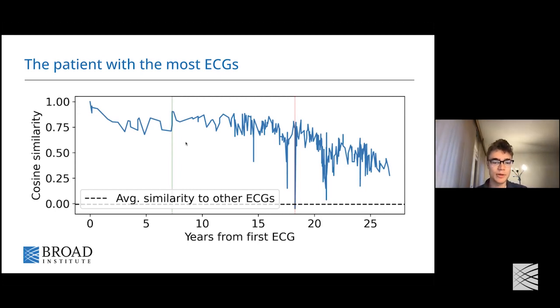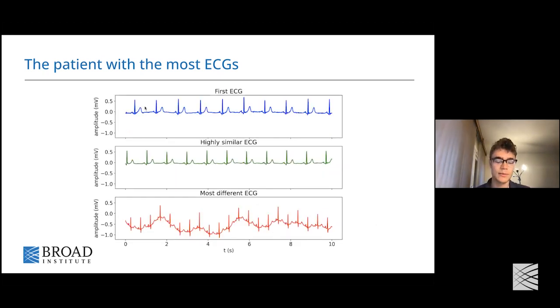And I've marked in green one of the most similar ECGs taken a bit of time after the first one, and this ECG that was actually less similar than 0 according to the model. And we can take a look at what those ECGs look like to get an intuition for how the model's making decisions. So we have their first ECG of many, and then this is that green line about 7 years later, a highly similar ECG according to the model.